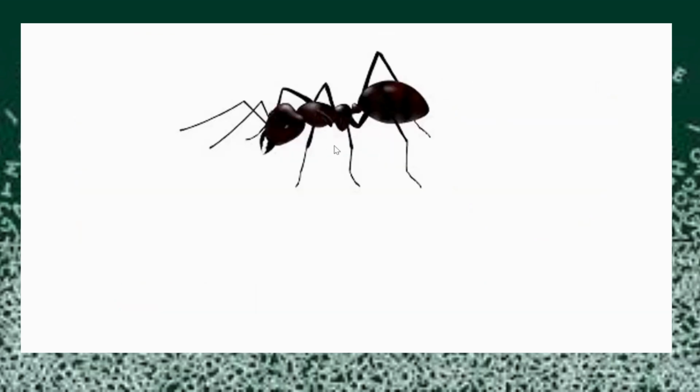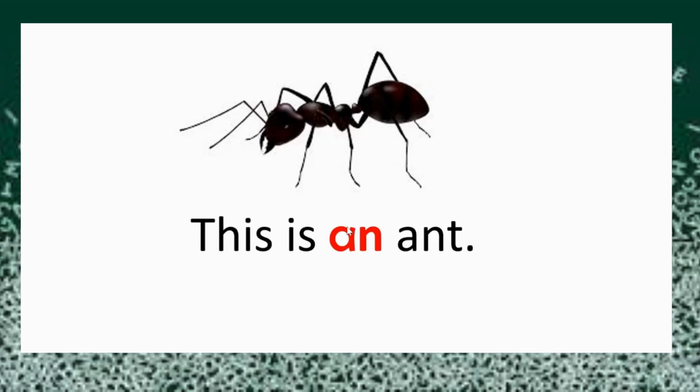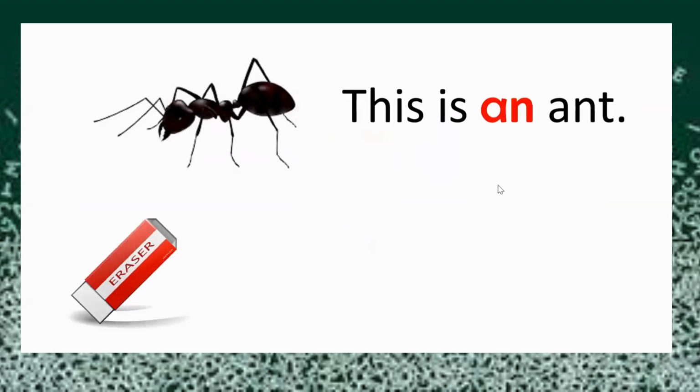We have seen this. So if we want to write a sentence about this picture, we can say this is an ant. What about the second picture? Look at this. What is this? Do you have it in your bag? Eraser.